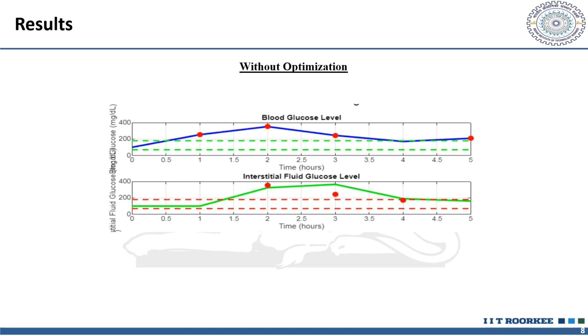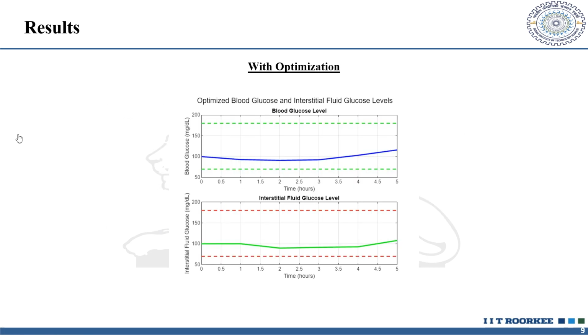After optimization, we can see here that our code tells us the optimized results of the food intake and the exercise effect, so that the blood glucose levels in the interstitial fluid lie in the safe range.